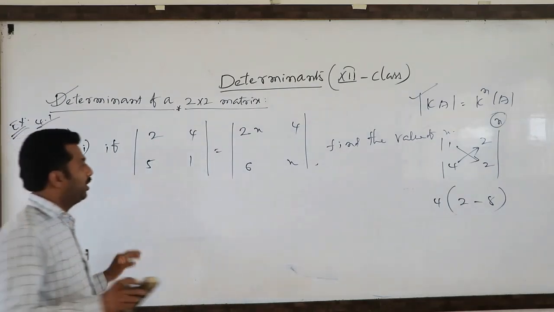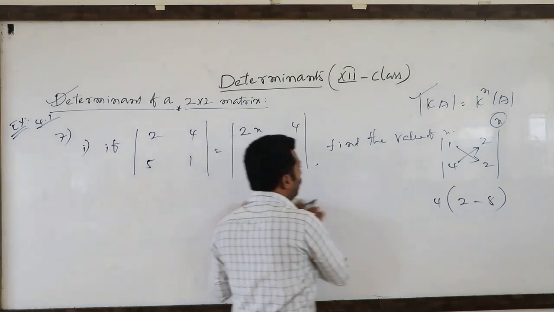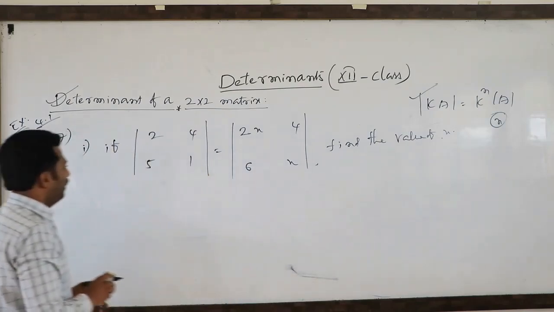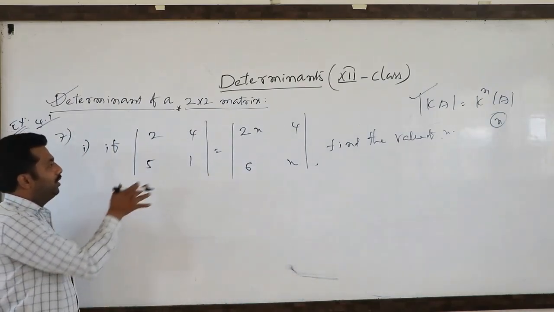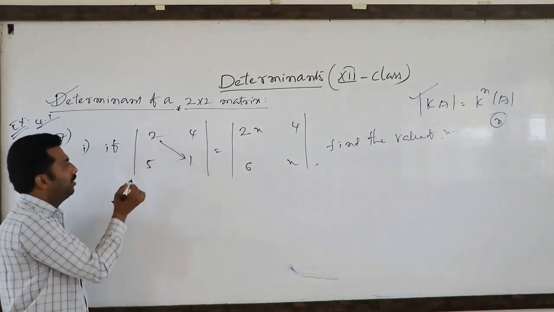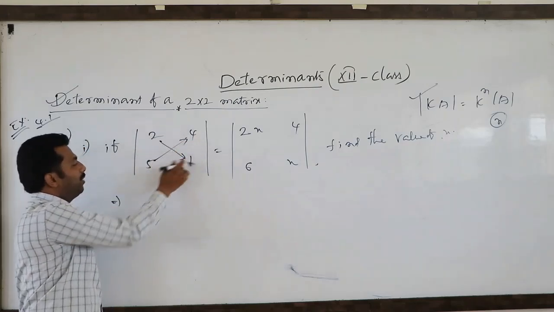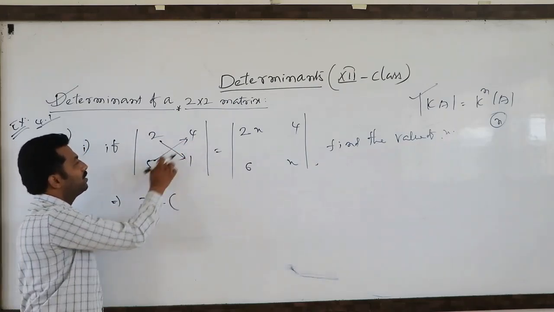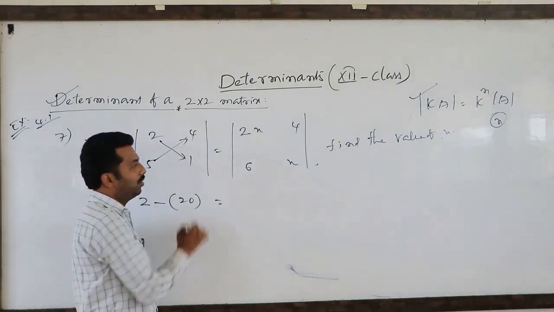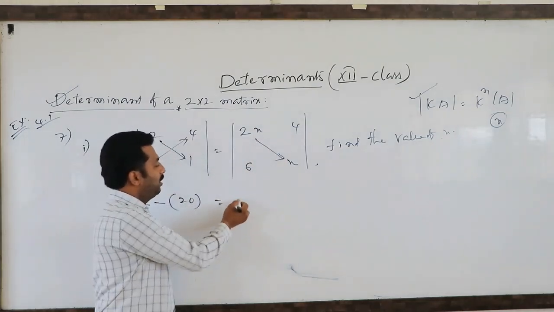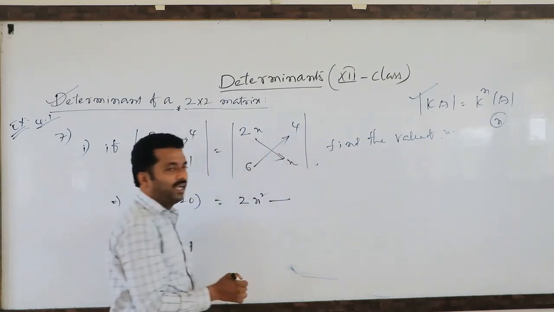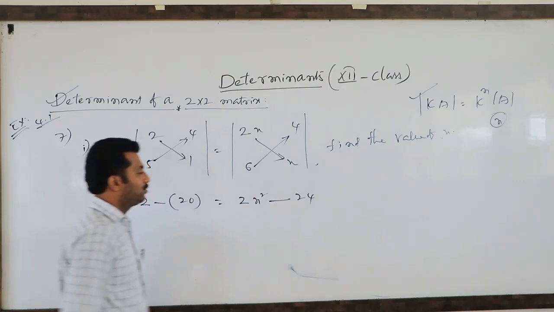You remember, it is a most important model, one mark question. Frequently they will ask these types of questions only, so you should be careful. It is very simple also. This is the determinant of a 2 by 2 square matrix. We already know this determinant expansion. Product of the principal diagonal elements minus product of the non-diagonal elements is equal to 2x square minus 24.